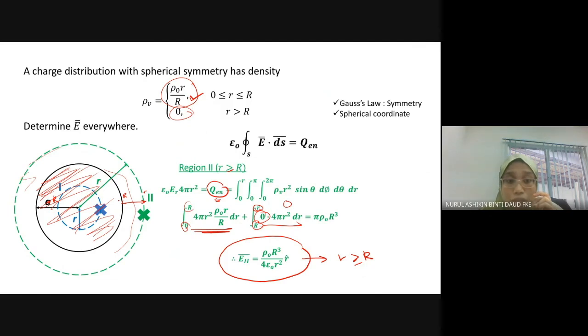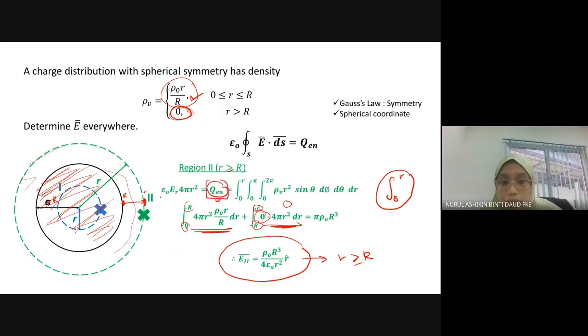However, from this particular part to this particular part, the value of charge distribution is 0. So if you take a wrong range, you might have a different answer, and it will lead your answer to be wrong. So you have to be very careful at this particular part.